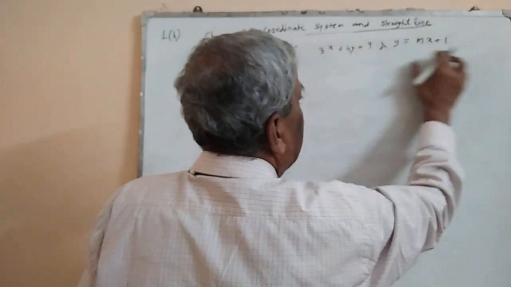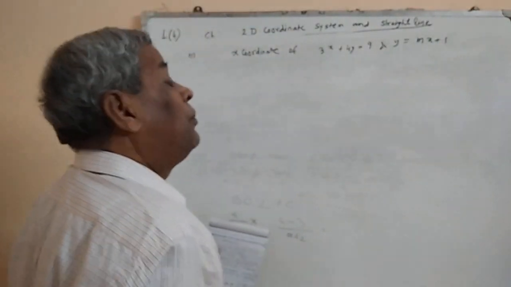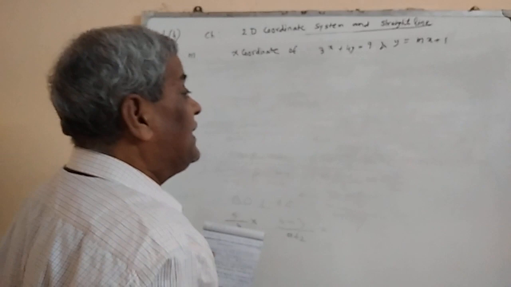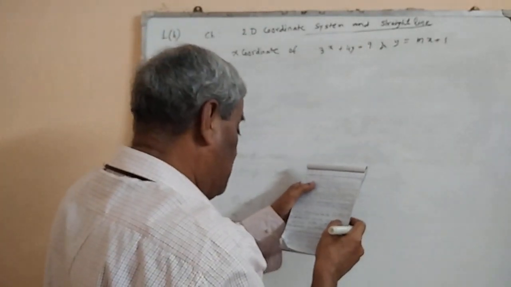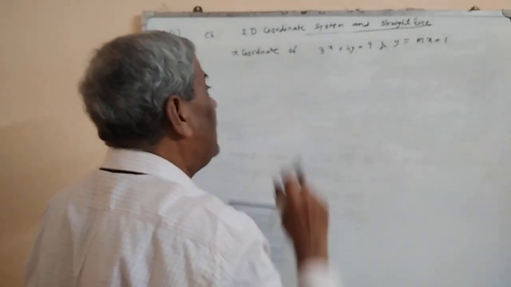This is a straight line, this is another straight line. Point of intersection of this and that, we have to find the x coordinate, is also an integer.